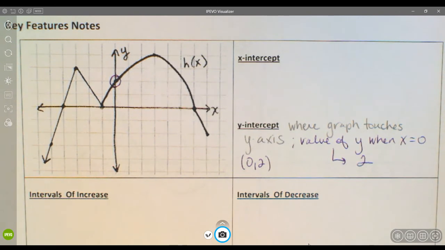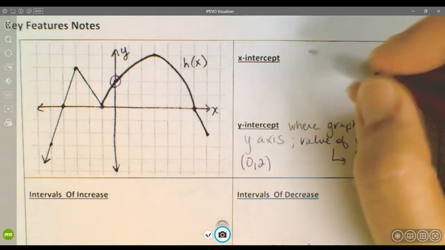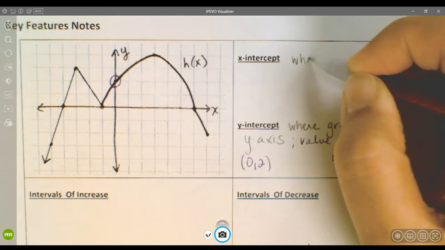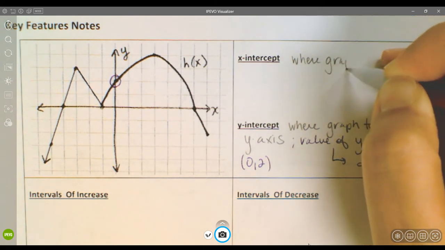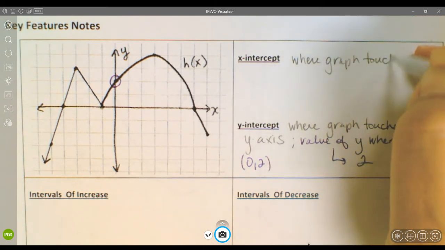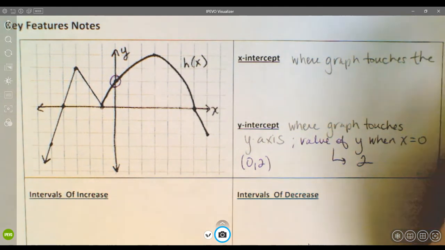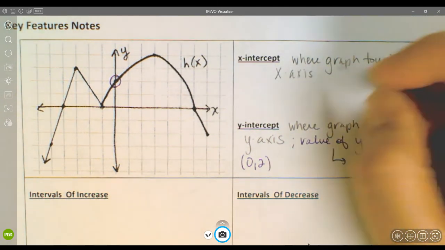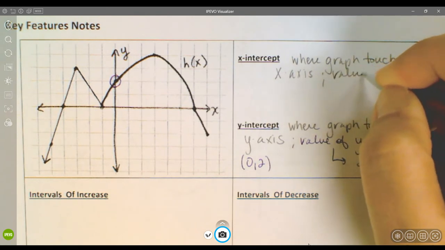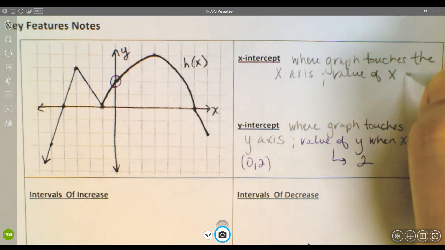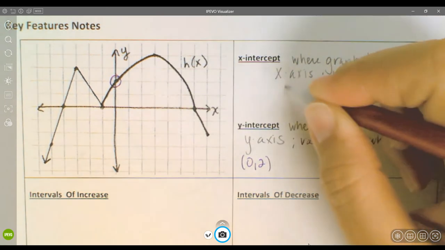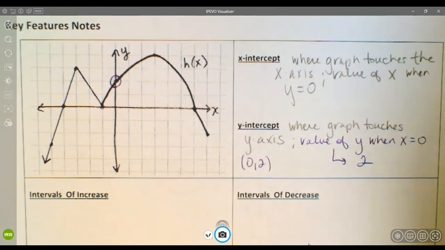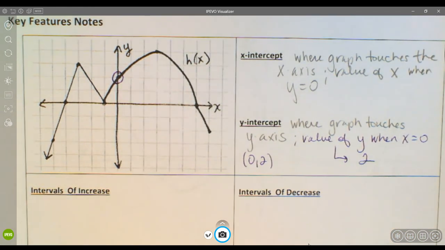So building on that, we know that the x-intercept is where the graph touches the x-axis. And for this one, it's the value of x when y equals 0. And this one actually has 3 of them.